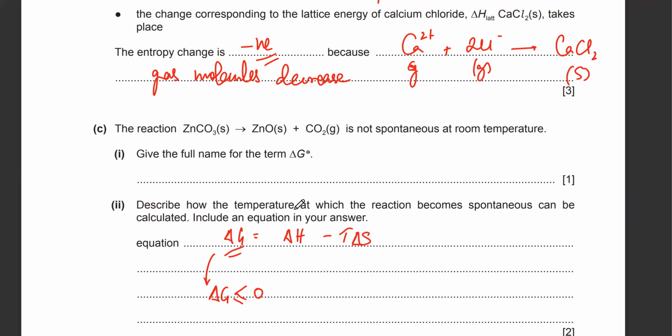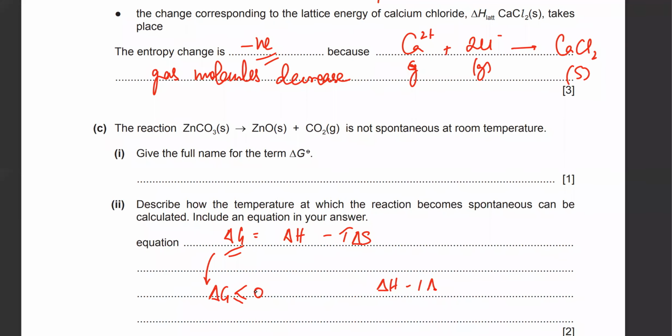It includes the enthalpy change, the heat energy that is produced or consumed, plus the energy or work done because of the disorder. So delta G has to be less than or equal to 0. That means delta H minus T delta S must be less than or equal to 0.